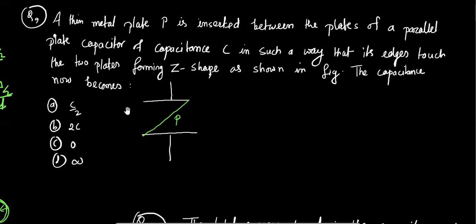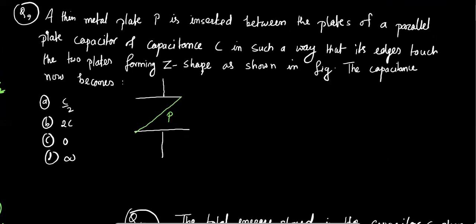The capacitance now becomes... So as we know, the two plates are connected by this kind of wire, and after connecting this wire there is no potential difference between these two plates because this behaves as a short circuit. For capacitance we know the expression Q by V, and as the potential difference is 0, the capacitance is infinite. So option D is the correct option.